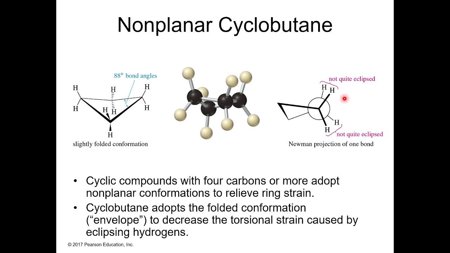And so you see that they've actually offset this, so it's almost eclipsed, but it doesn't quite make it there, does it? Okay? So it's not quite eclipsed anymore, and we can't quite get to staggered, can we? So it's almost staggered, but not quite, right? So it partially relieves that strain, but not fully, and that's why the four-membered rings are not stable, okay?